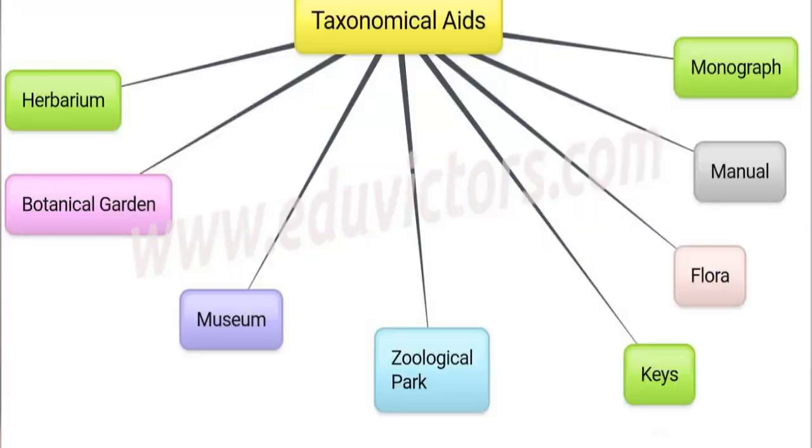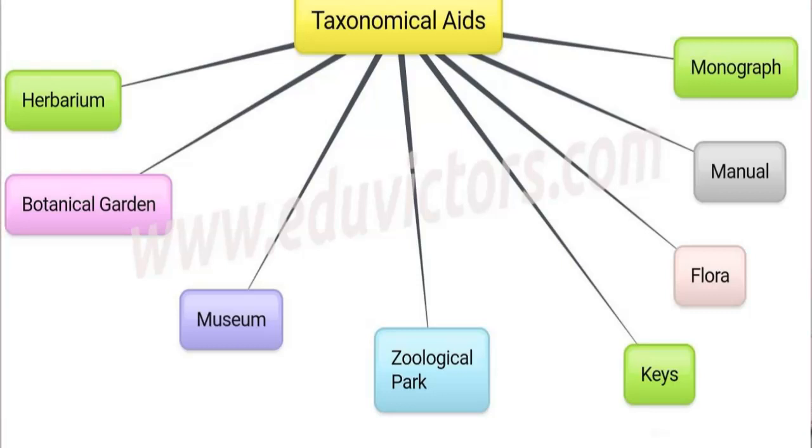And keys, another taxonomical aid used for identification of plants and animals based on similarities and dissimilarities. Keys are based on contrasting characters, generally in a pair called a couplet. Each statement in the key is called a lead. Flora, manuals, monographs and catalogues are some other means of recording description, and they help in correct identification.